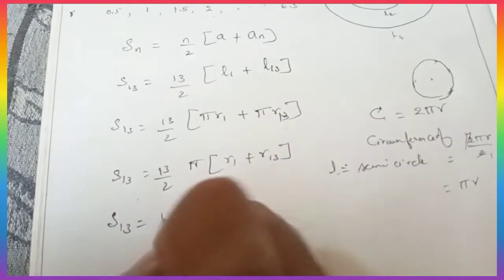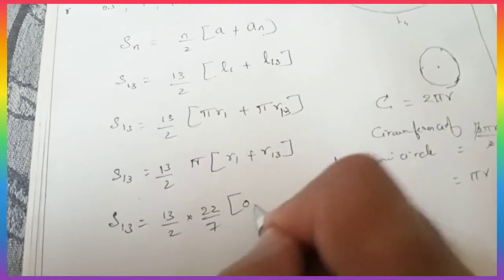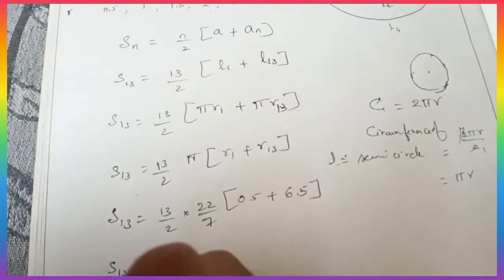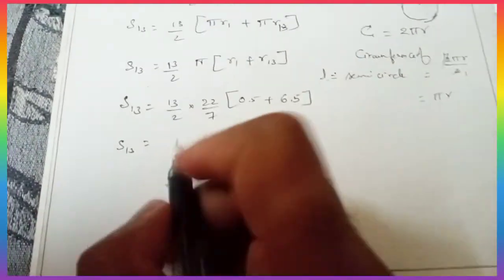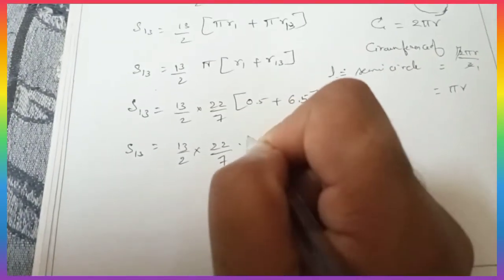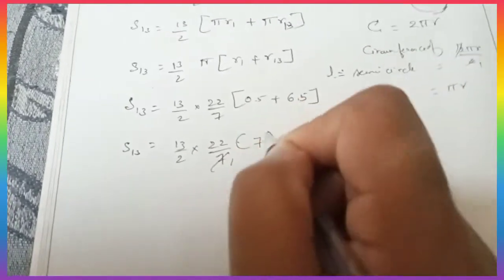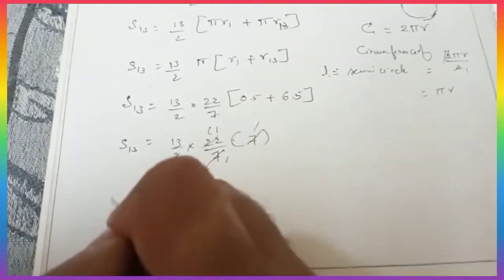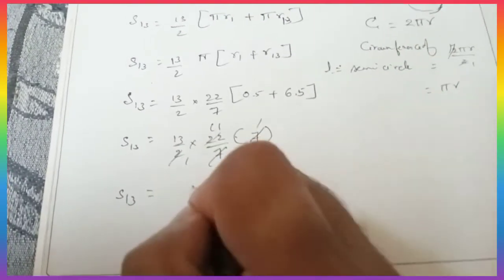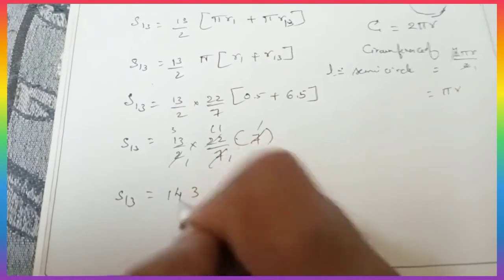S13 equals 13 by 2 into pi, which is 22 by 7, into r1, which is 0.5, plus r13, which is 6.5. 0.5 plus 6.5 is 7. 7 ones are 7, 2 elevens are 22, so S13 equals 11 into 13. 11 times 3 is 33, 3 carry for the next digit. 11 ones are 11 plus 3, that is 14.